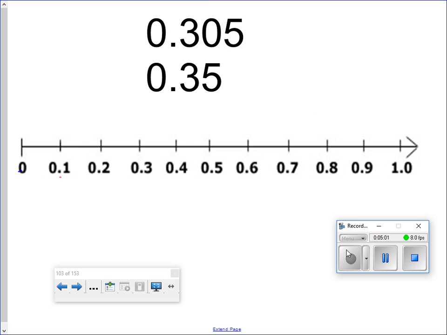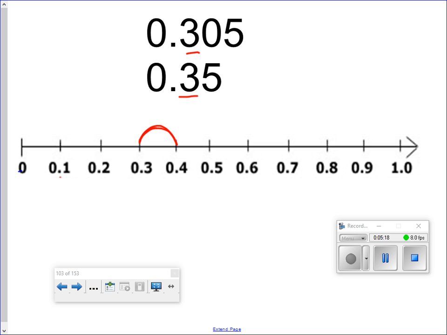Another way we can compare decimals is on a number line. So here we have 305 thousandths compared to 35 hundredths. And we know, because of the 3 tenths, that both of these would be somewhere in this region.